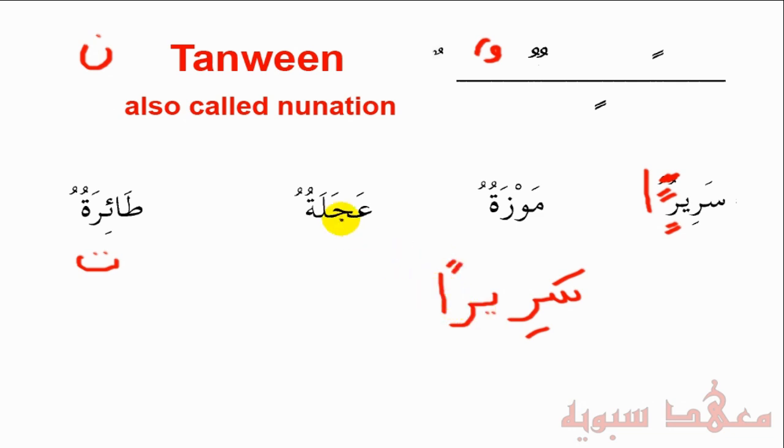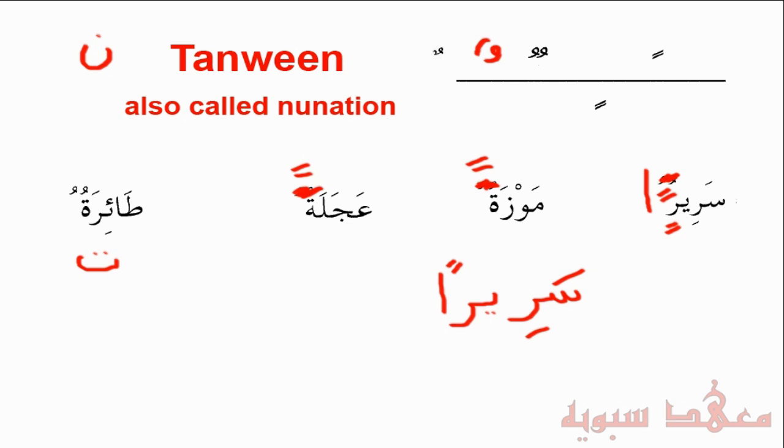So for example, ajalatun, let's write it, it'll be ajalatan. Mawzatun, if we want to make it two fathas, would be mawzatan.